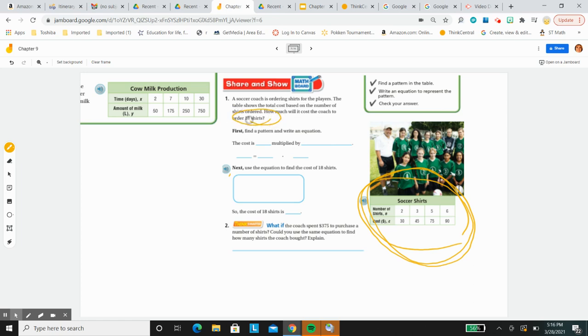Okay, this is what I'm going to use to substitute. Okay, I'm just going to put the word substitute. Okay, first of all, we got to find the pattern and write the equation. Okay, you understand? We're going to find a pattern so that we can write this equation. So the cost is $15 multiplied by the number of shirts. Okay.